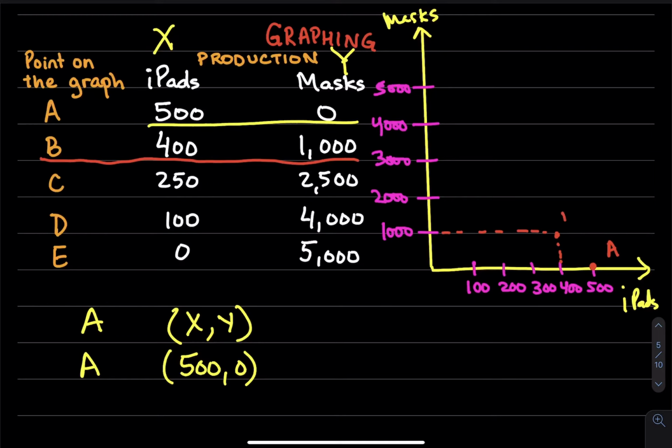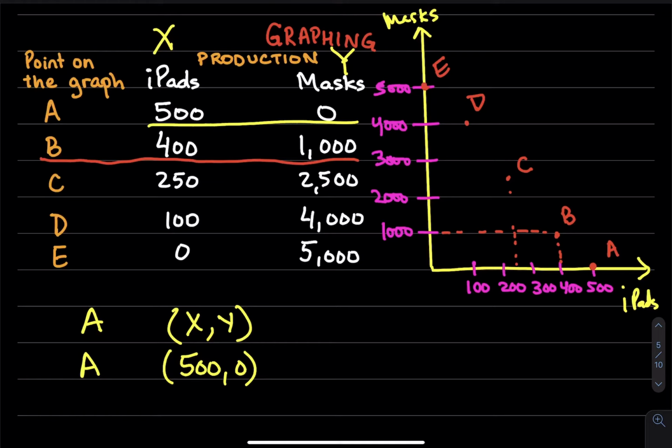So this is point B. C is 250, 2500. So this is going to be some point somewhere here, point C. And D is going to be 100, 4000, which is somewhere here. And finally, E is our y-intercept, which is 0, 5000.